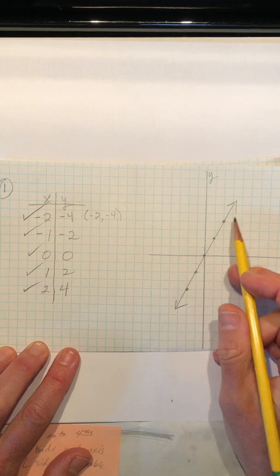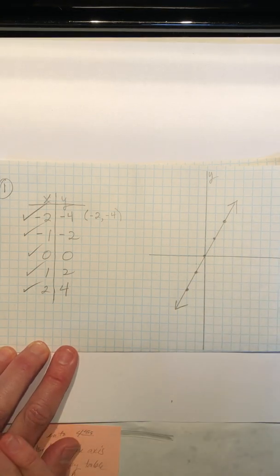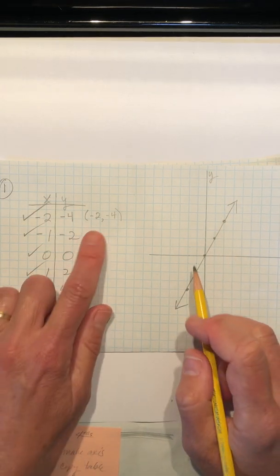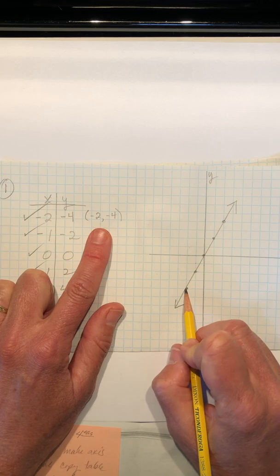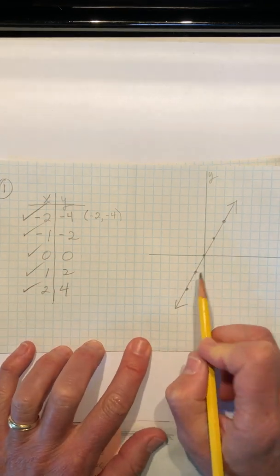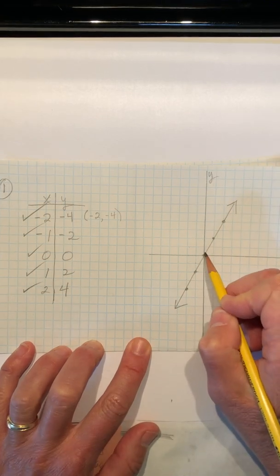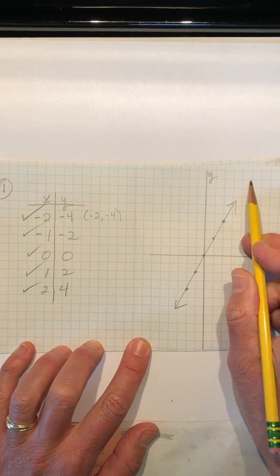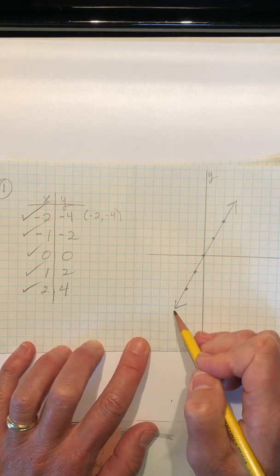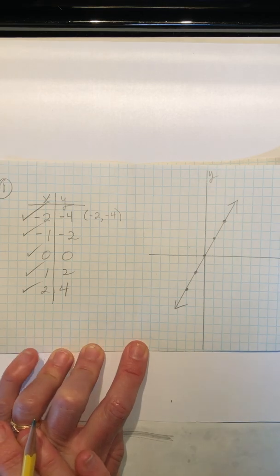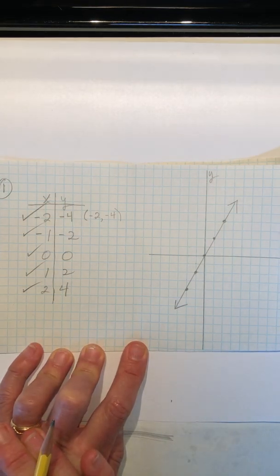This line represents all of the solutions to an equation. So this -2, -4 is a solution. This pair of x and y values is a solution. This pair. And in fact, every single point along the way and on forever in that direction and in that direction. Each point represents a solution to an equation.